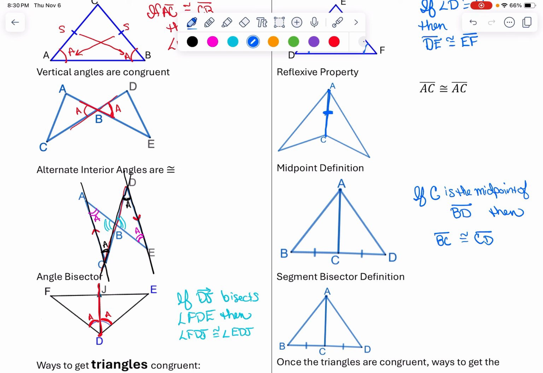I think of this as someone trying to butt into someone's conversation. C wants to get right smack dab in the middle of B and D. So the distance between C and D and the distance between C and B have to be the same.